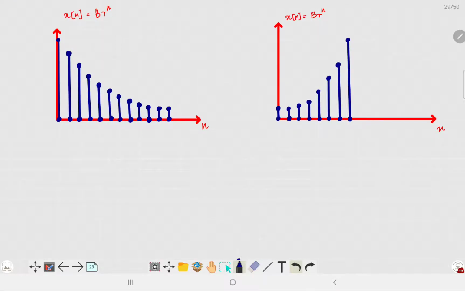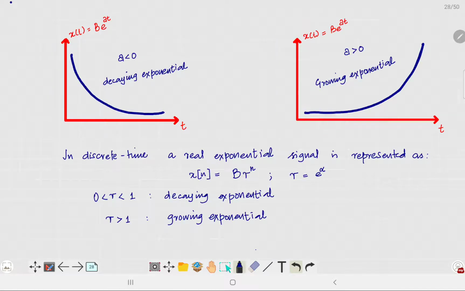This is a typical case where 0 is less than r less than 1, and here we have r greater than 1. You should remember these differences in the continuous time and the discrete time case.